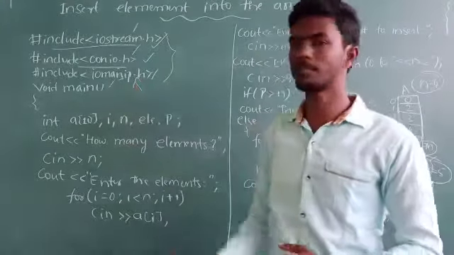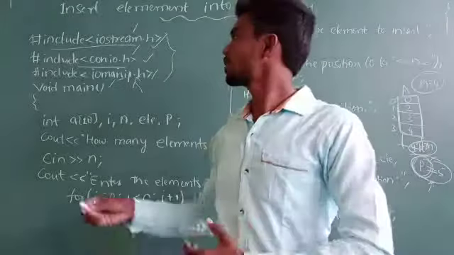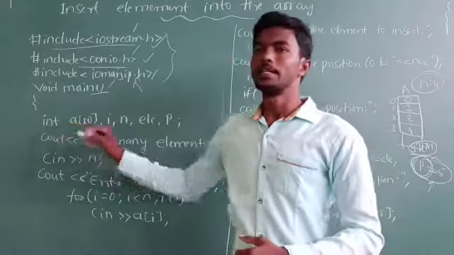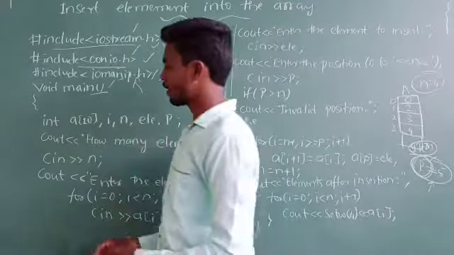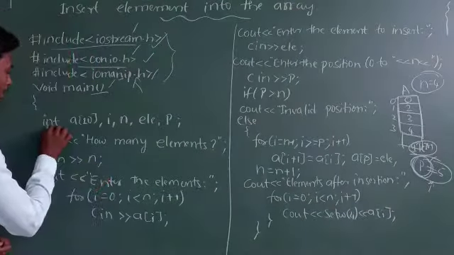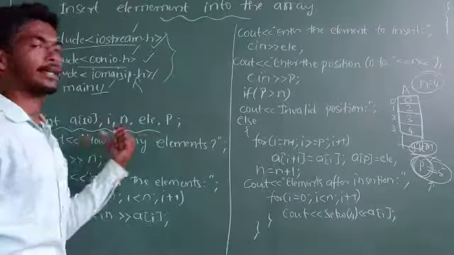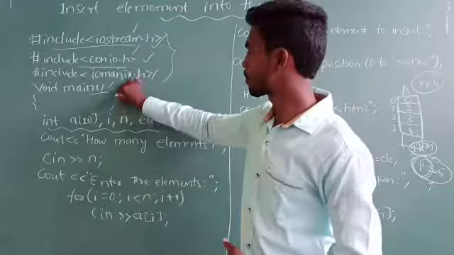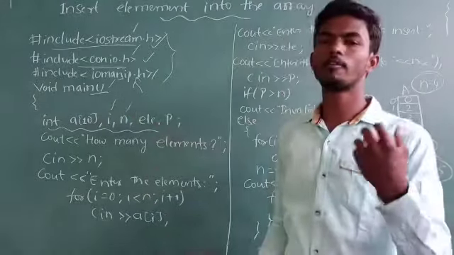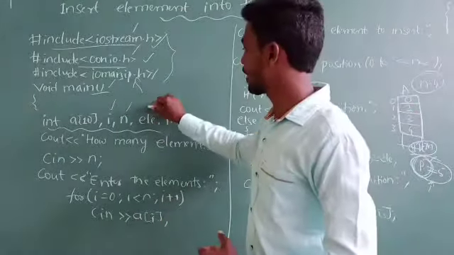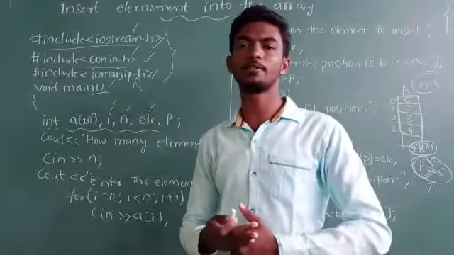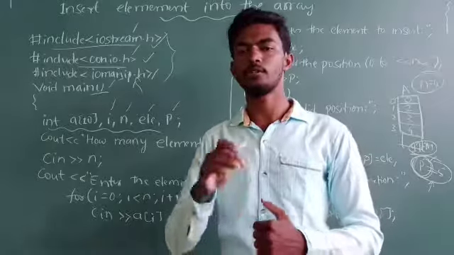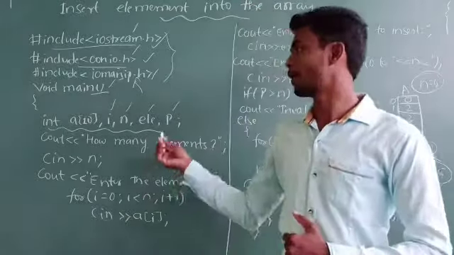Then the void main function represents the start of the program, and here different variables are declared: the array, the for loop variable, n as the number of elements in the array, the element which is to be inserted into the given array, and P, which represents the position where to insert the element.